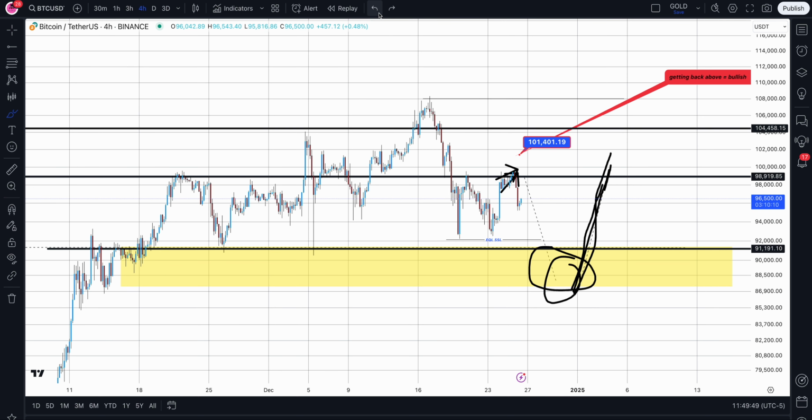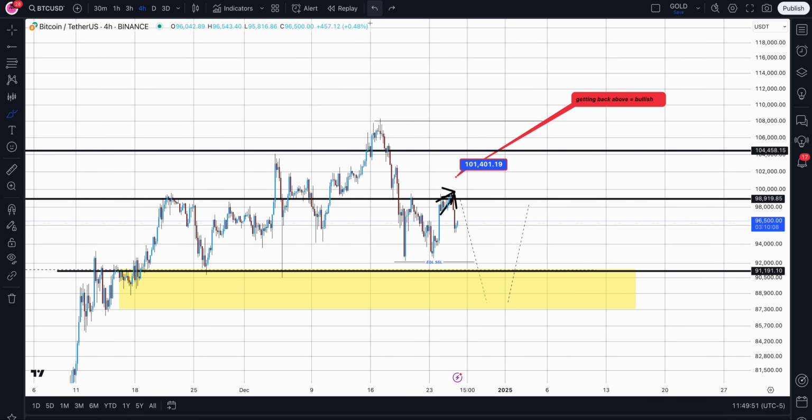Okay. Now, taking a closer look here, we do see on the liquidity heat map, this data was provided by CoinGlass. It's a free software. You guys can check it out. But yesterday, we saw that there was a little bit of liquidity above this $99,500 region.